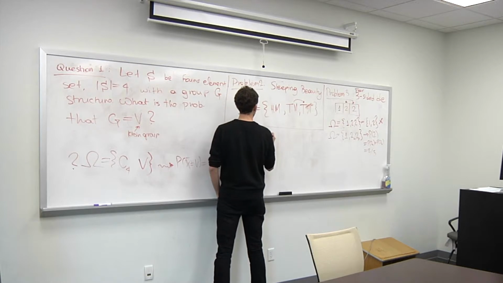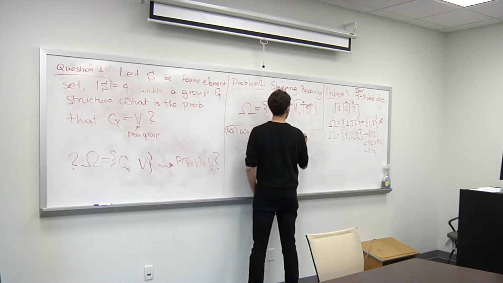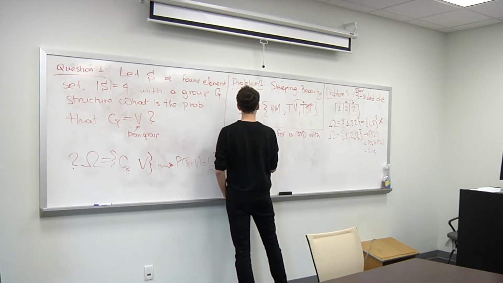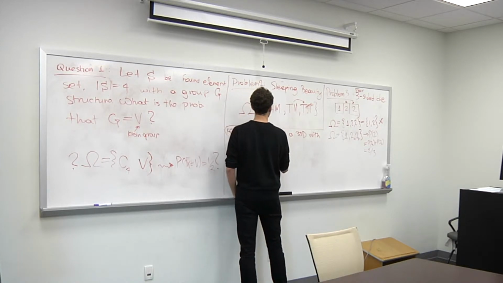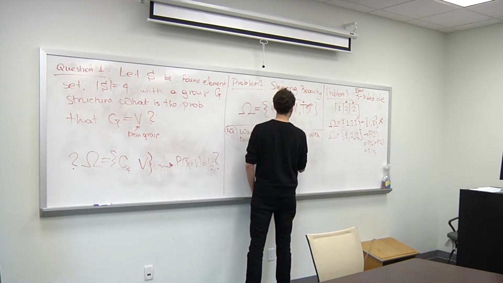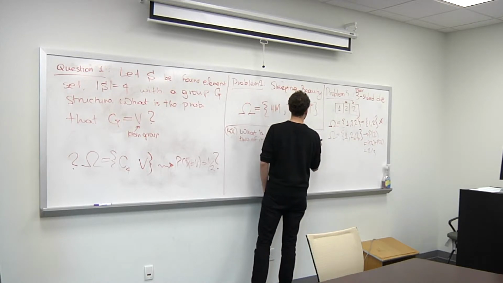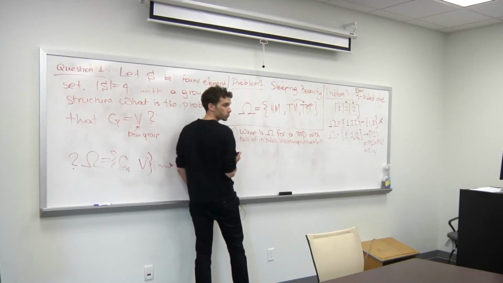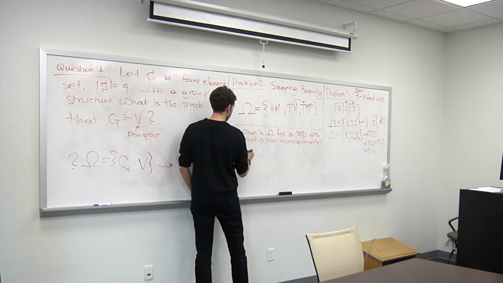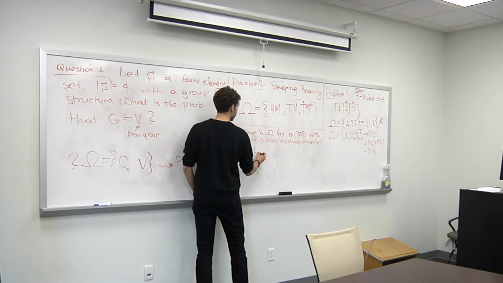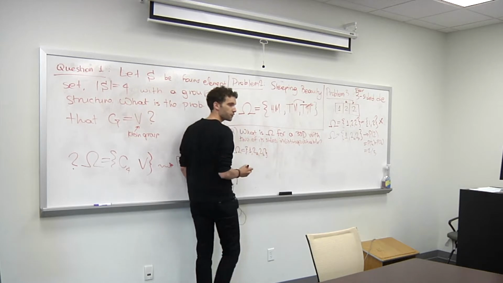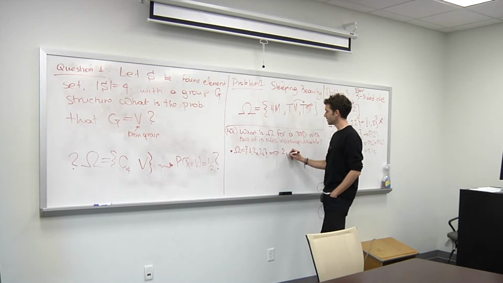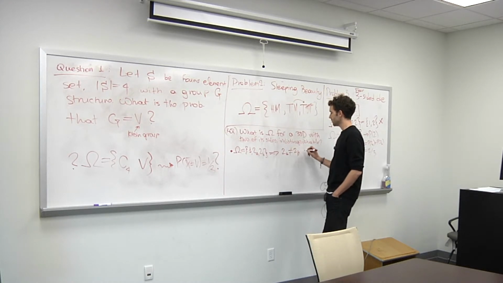What is omega for a three-sided die with two of its sides being indistinguishable? First option: omega is 1, 2a, 2b. So it's a set of three things. But then 2a is not equal to 2b. Contradiction.